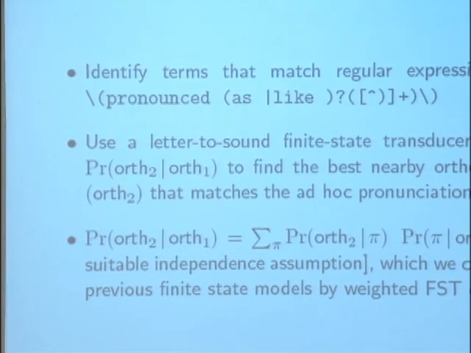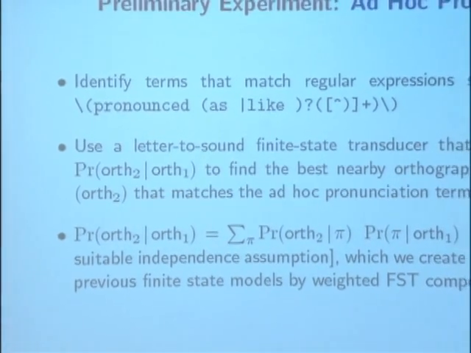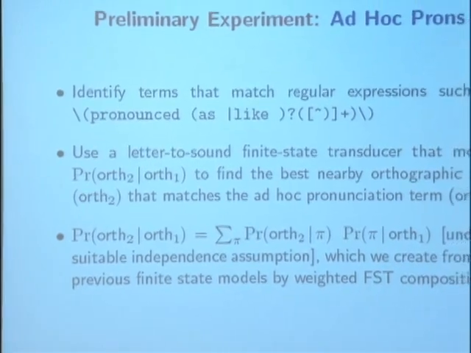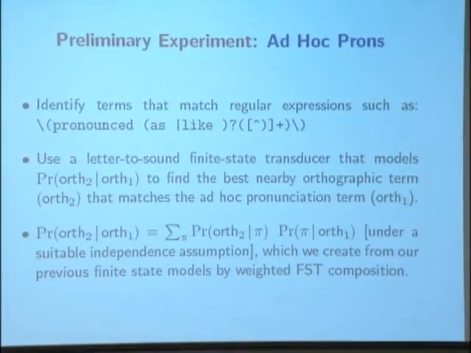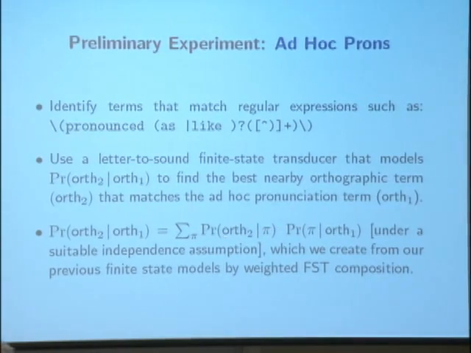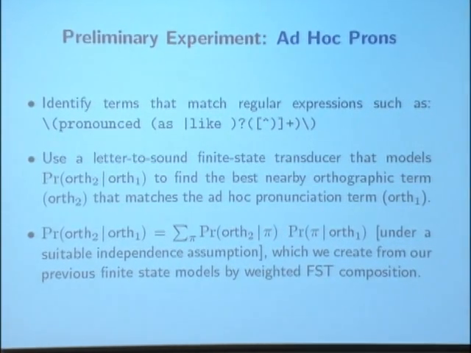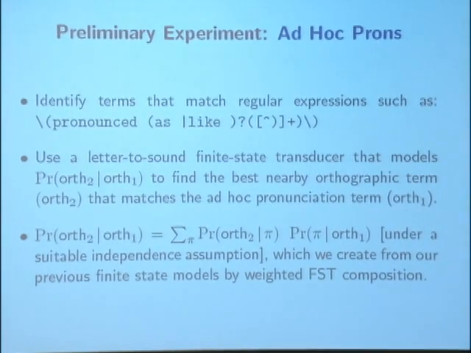Obviously, this assumes some independence between these two. Basically, the idea is that this is composed out of these two pieces: the probability of this orthography given that pronunciation, and the probability of that pronunciation given that orthography. And you sum over all of the possible ways of combining them.